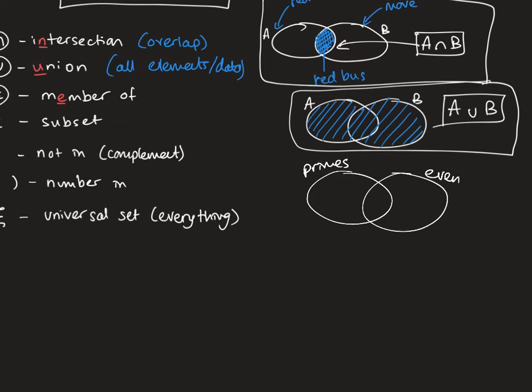Obviously there is only one prime number that's even, and that's 2, but other primes could be 3, 5 and 7, and even numbers could be 8 and 10. Now what we can do is pick individual elements or items within there. So we can say, look, 7 is a member of primes. We could call that set P, or you can call it just primes. So 7 is a member of primes.